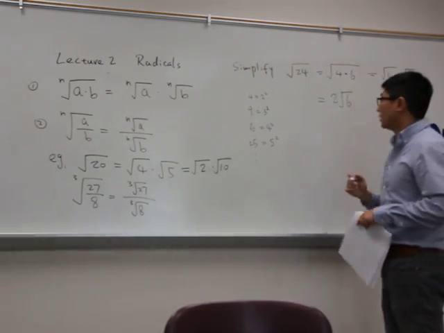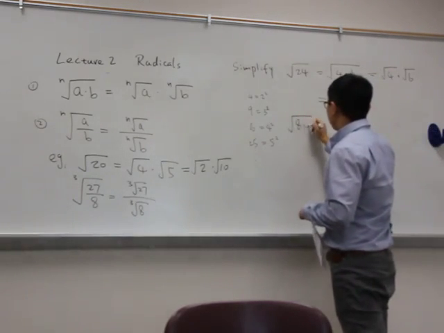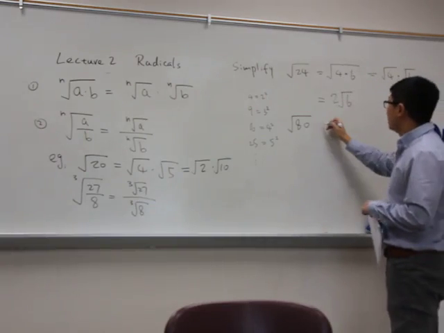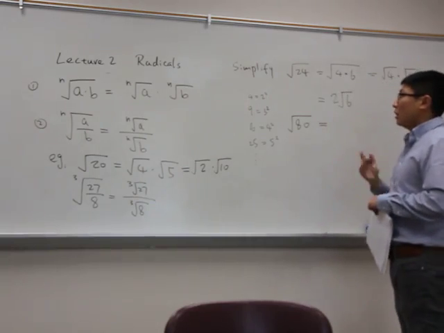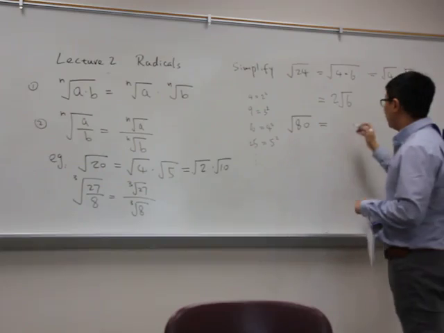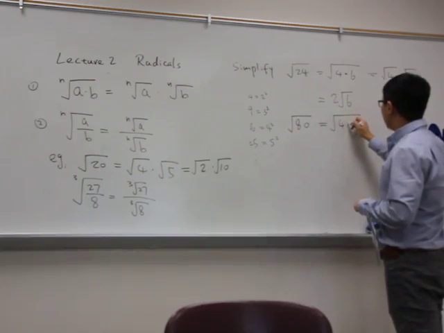Okay, now let me do another example. This time I want to simplify the square root of 80. So, okay, I know 80 contains 4 because 80 can be divided by 4. So I split 80 into 4 times 20.